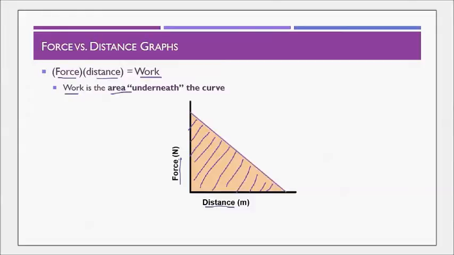And underneath can sometimes be a misnomer, because what if we have negative force? So we have force over here, 0 in the middle, distance over here, positive, negative. What if our graph line, I'll draw it in a different color, goes below the x-axis, below the distance, and then over?